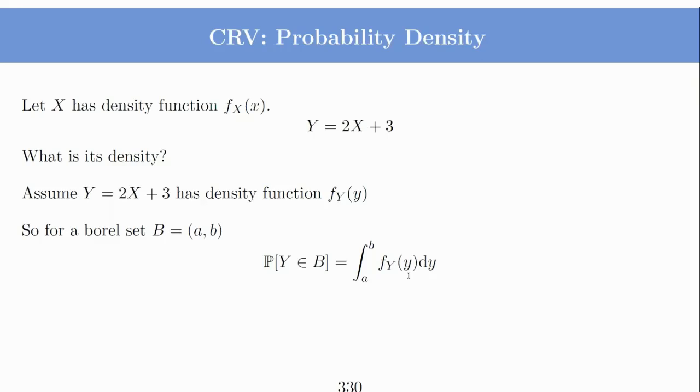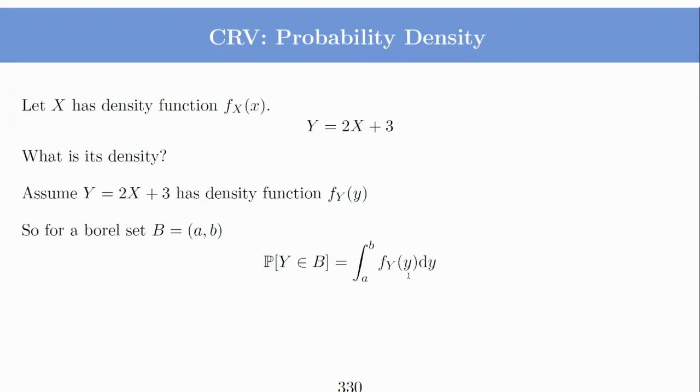Let us assume the density of Y is f_Y(y). This is a linear transformation, so we can expect that Y would also be a continuous random variable, so its density should be well defined.